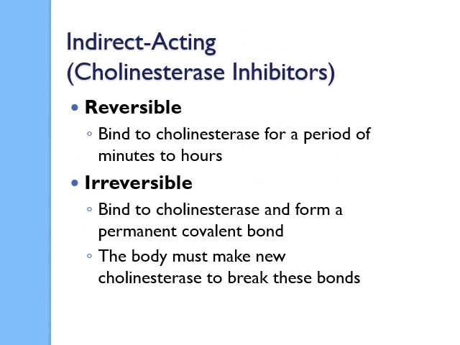Indirect are either considered reversible or irreversible. In reversible, they bind to the cholinesterase for a period of minutes to hours. In irreversible, they bind to the cholinesterase and form a permanent covalent bond. The body must make new cholinesterase to break these bonds.